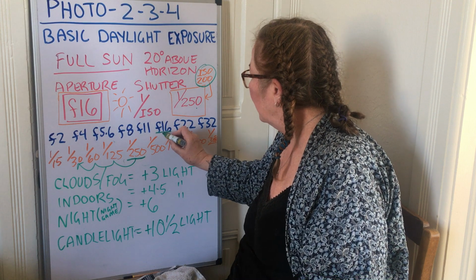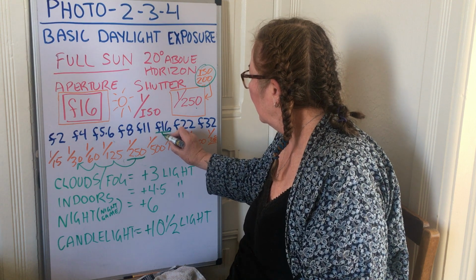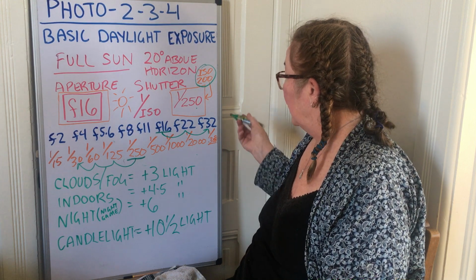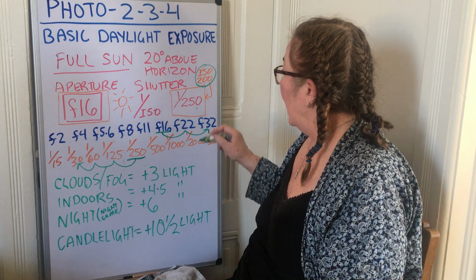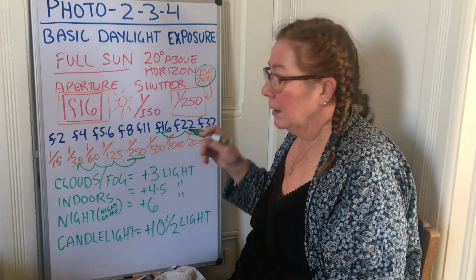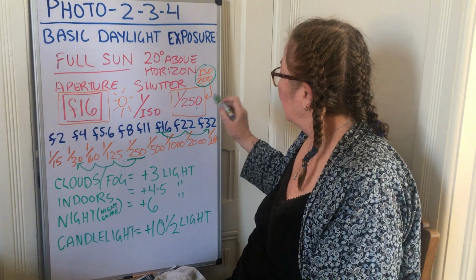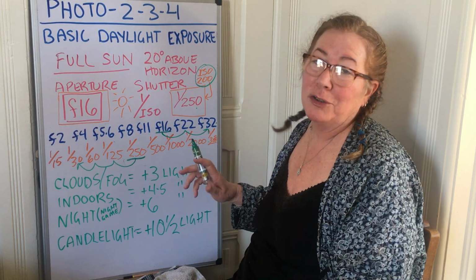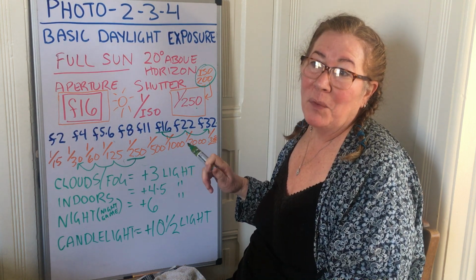Well, you're going to close your aperture down 2 stops, and if you don't have that 3rd stop, you might actually push your film by changing your ISO a little bit so you can get that extra stop, because the ISO can actually count as an extra stop when you're using film.